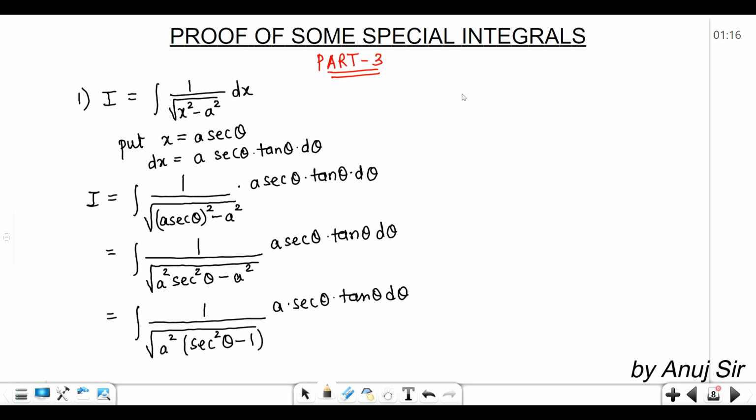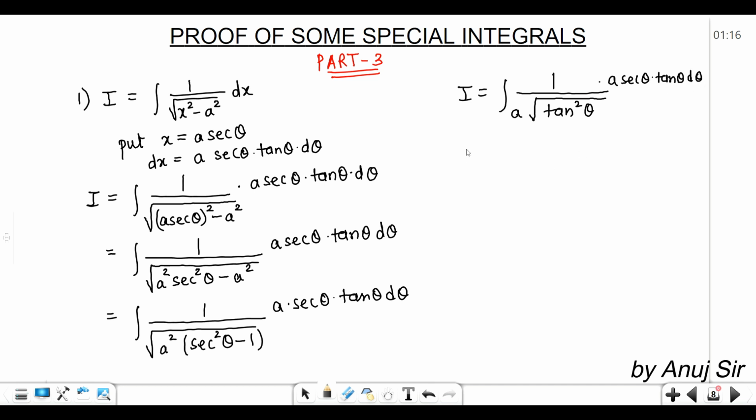Then I is equal to, the square root of a square is nothing but a, and the square root of sec square minus 1. The value of sec square minus 1 is tan square according to the trigonometric identity, and the numerator stays the same.